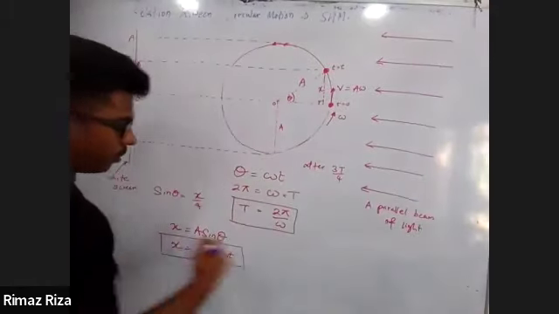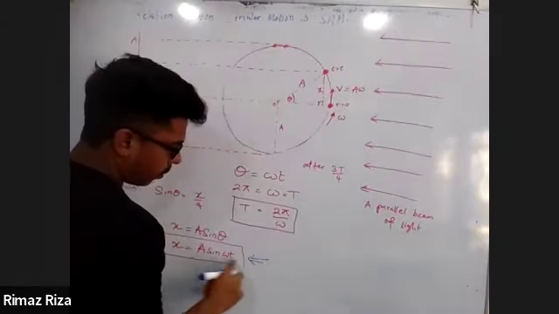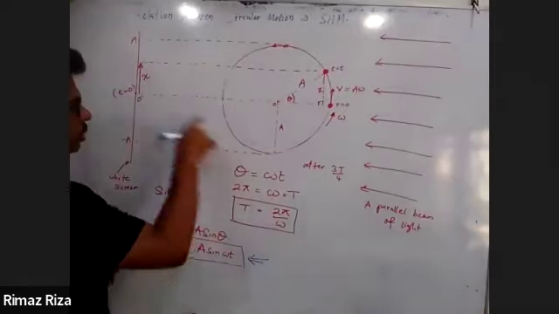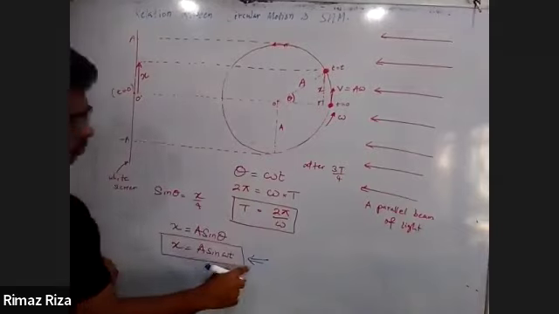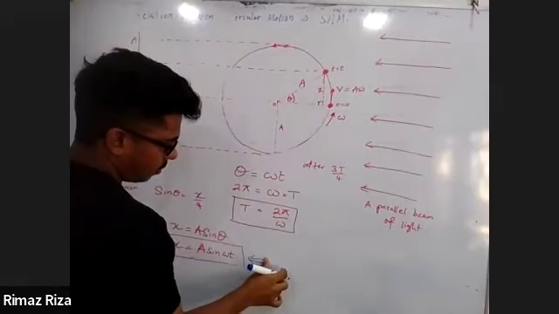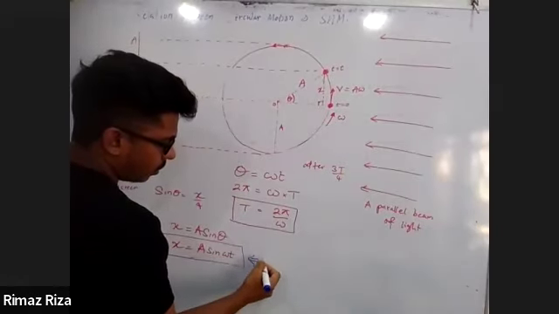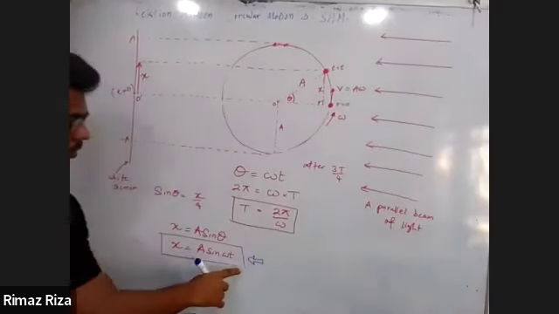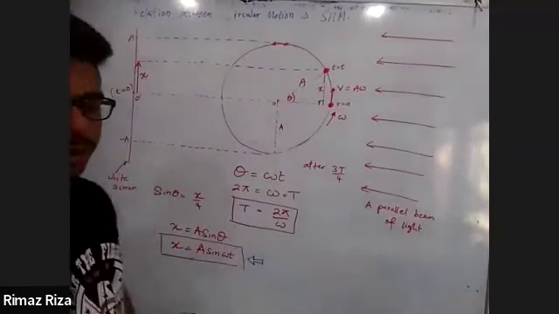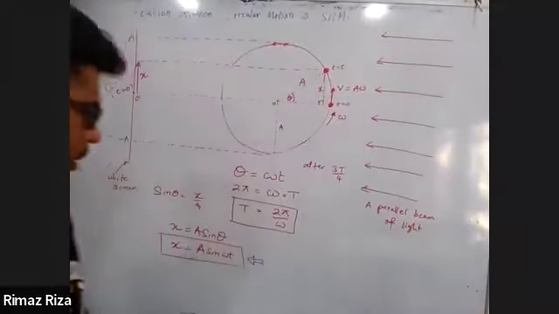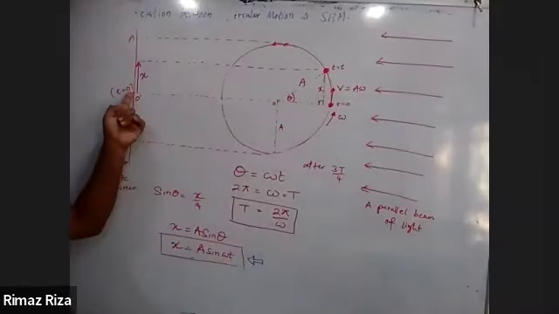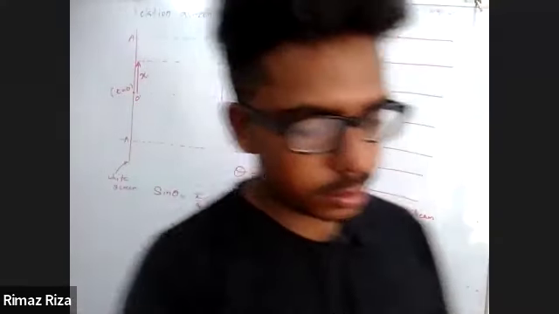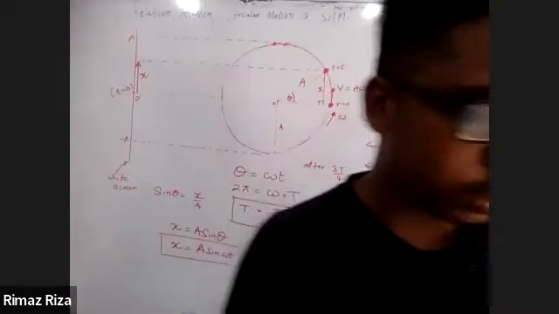Mention that this formula is valid only if the time is measured from the center. You should write it in your notes, otherwise you will forget: this equation is valid if the time is measured from the center, when the particle is at the center of the simple harmonic motion.